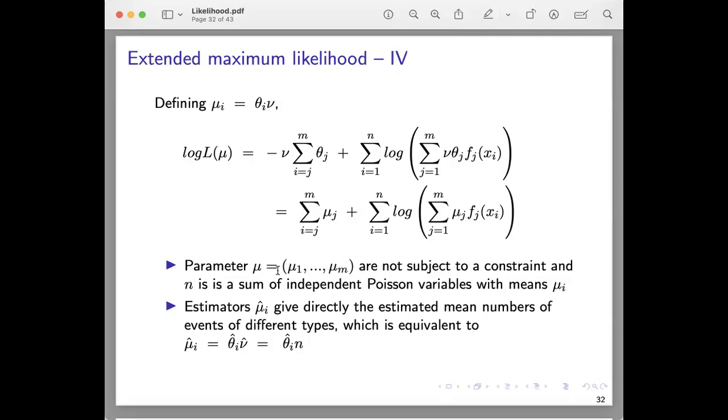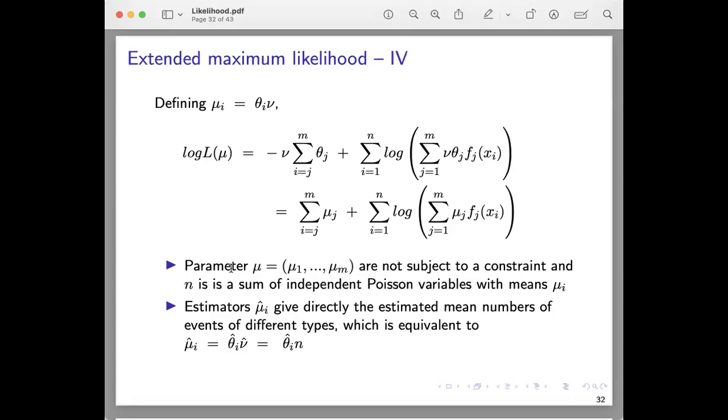So here, this sum over mu j, basically, if you get the estimates for mu, the means of the mu I, then the sum of this will become the n, the total number of events.